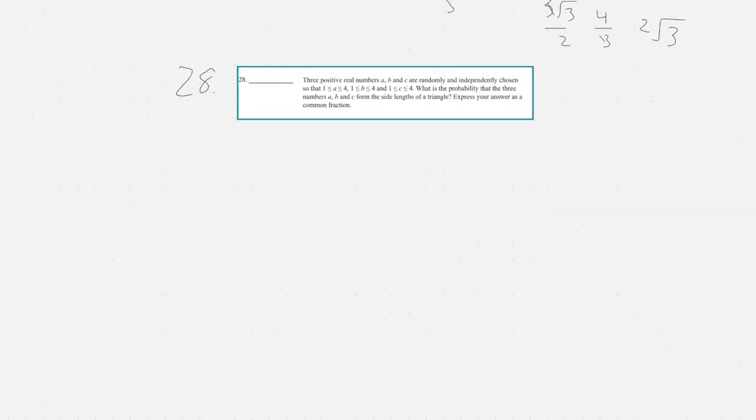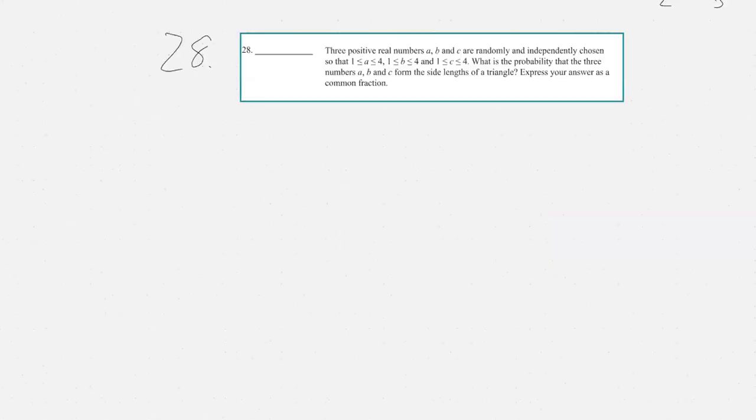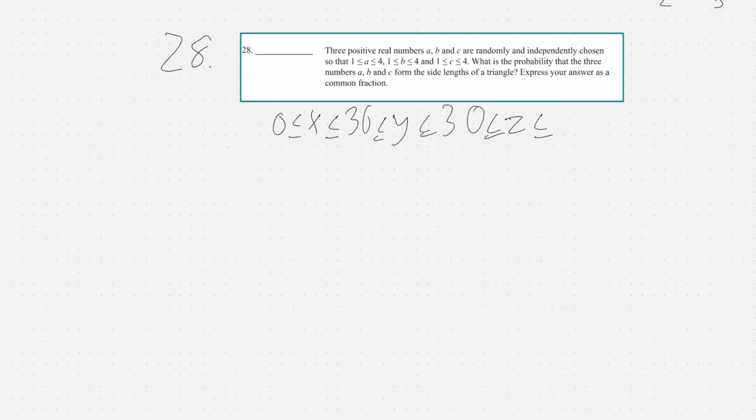So first we can simplify, so make x be a minus 1, y be b minus 1, and z be c minus 1. And then we can do complementary counting.